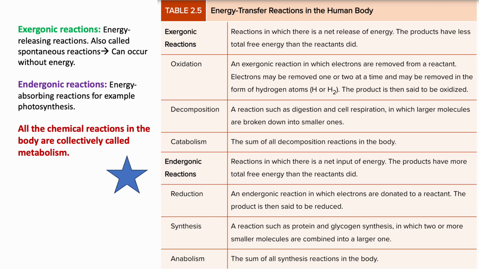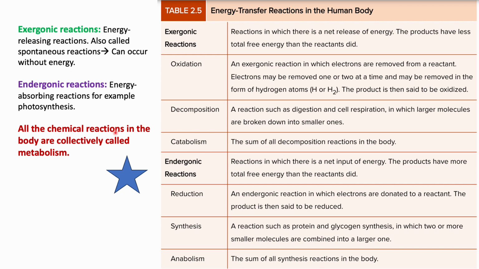Some of our reactions in the body can be exergonic and they can be endergonic. Exergonic reactions are energy releasing reactions. They're also called spontaneous reactions, and they can occur without energy. Endergonic reactions are energy absorbing reactions, for example, photosynthesis.